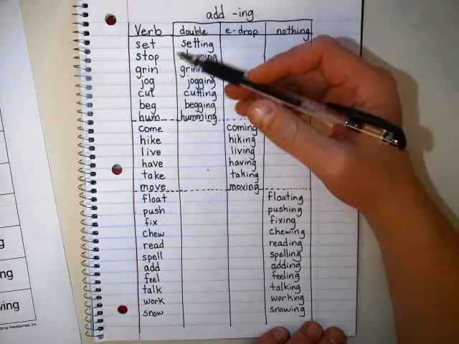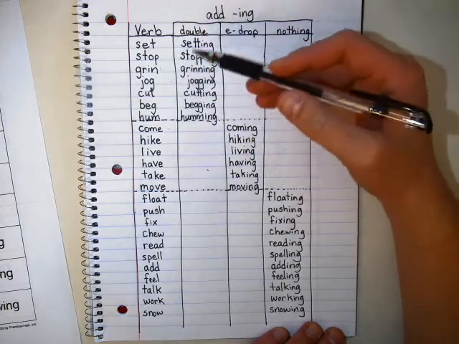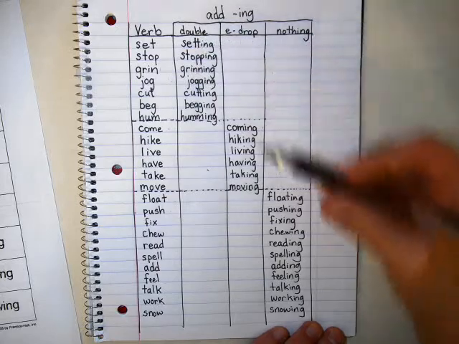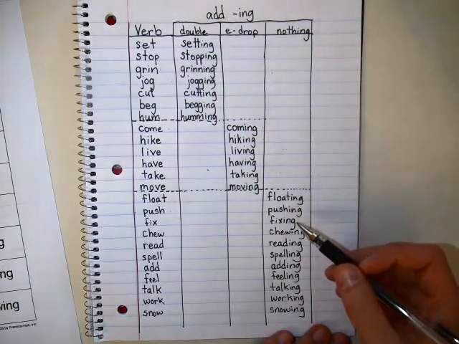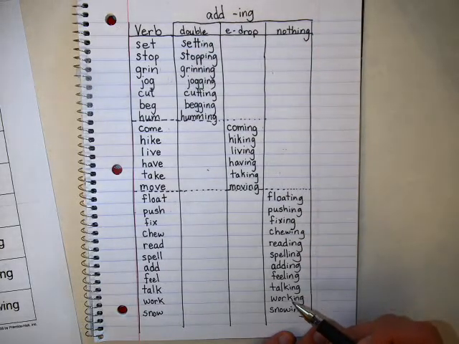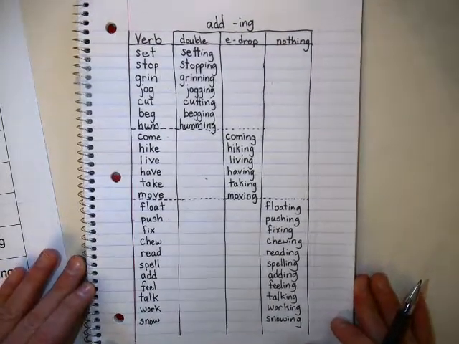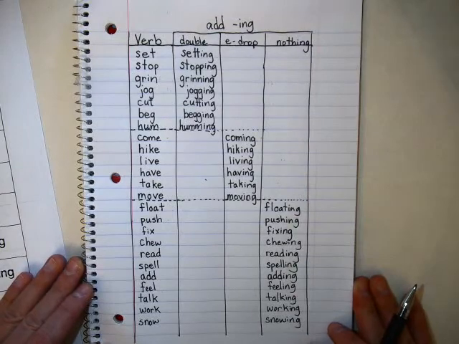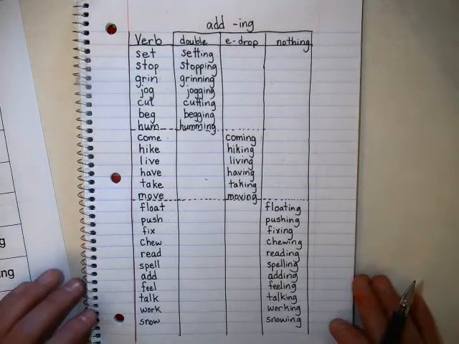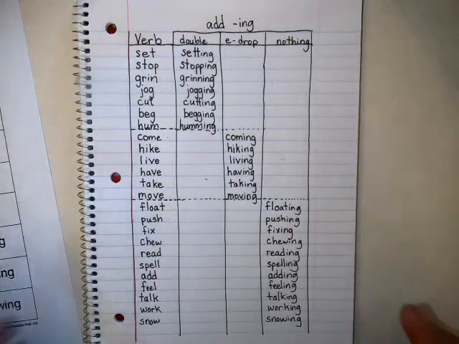Double letters in the middle. You'll probably want to remember those. Okay, which ones those are. And then these ones, you just add the ing to it. Okay, quite simply, just like that. Alright, so this is your list for this week, and you're just dropping the E, or doing nothing, or doubling it to add ing.